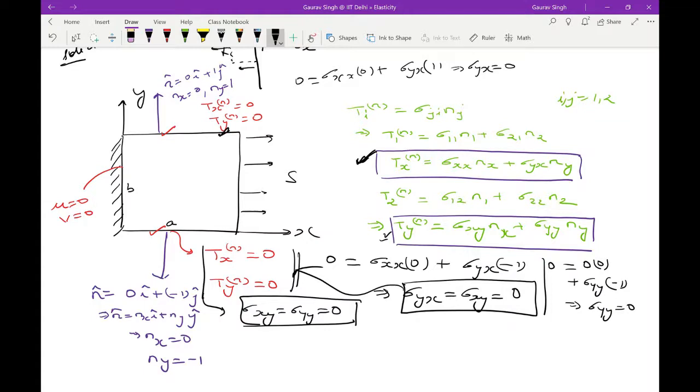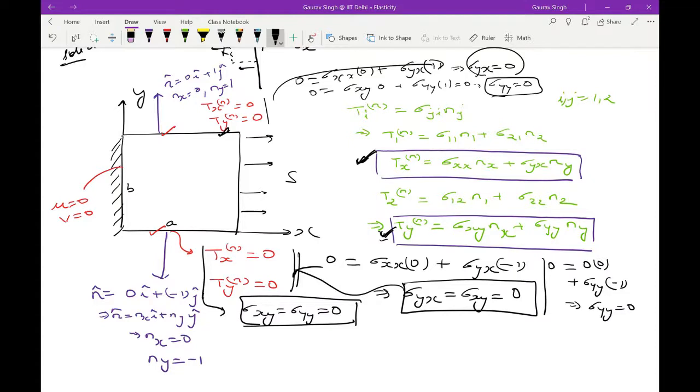And similarly, let's take up this equation now. Ty: 0 would be equal to sigma xy, and nx is 0, plus sigma yy times 1 is equal to 0. So that would mean that sigma yy is also equal to 0. So for this face, the stress components are also like this.